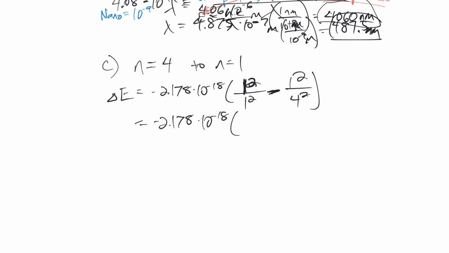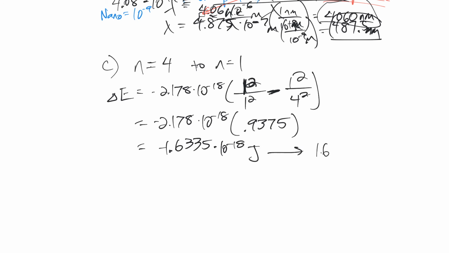And start pulling out that calculator to crunch. It's okay to make this number of joules positive. Keep the same exponent, but make the number itself positive.